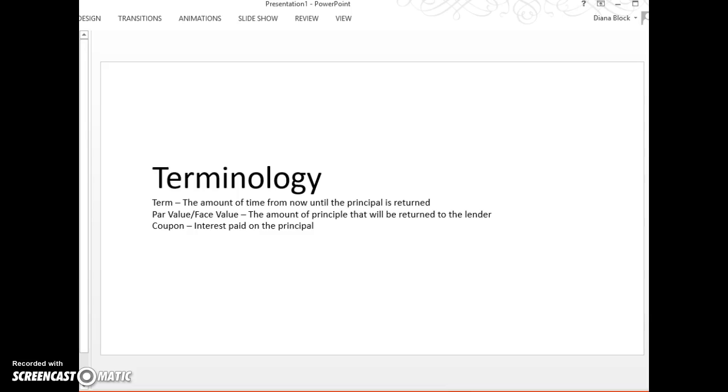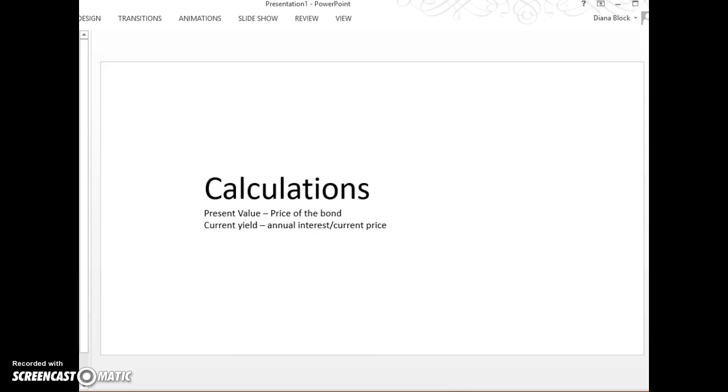So let's look at how we use the calculators that we used last week in our homework. How do we apply our Excel calculations to the price of a bond? We're going to talk about that. Some of the main calculations that we would do with a bond is to get the price of the bond. And we can actually use the present value function in Excel that we practiced and learned last week to determine the price of a bond.